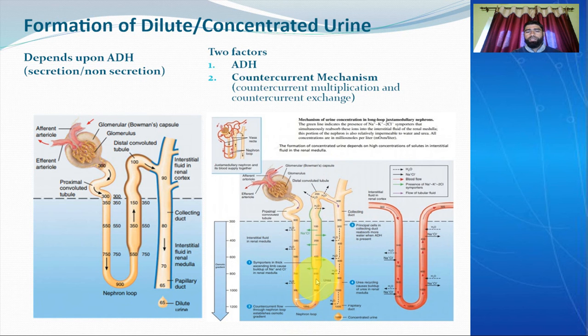As the urea concentration has increased due to water loss, urea also diffuses inside here. This increases the concentration further, and here the movement of ions out happens, but urea is not excreted here. Under water scarcity conditions, water is reabsorbed here under the effect of ADH, the concentration increases further, and when it reaches here, urea, due to increased concentration, diffuses out, or is reabsorbed, and reaches this portion.